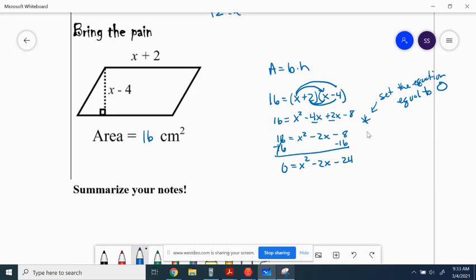Okay, now I can factor out the x. So let's see. We're looking for the two numbers that multiply to equal negative 24 and add up to negative 2. So what we do is we look at the ways that we can multiply 24. So we can do 24 times 1, 12 times 2, 8 times 3, and 6 times 4.